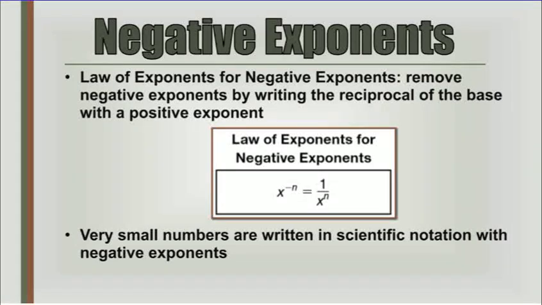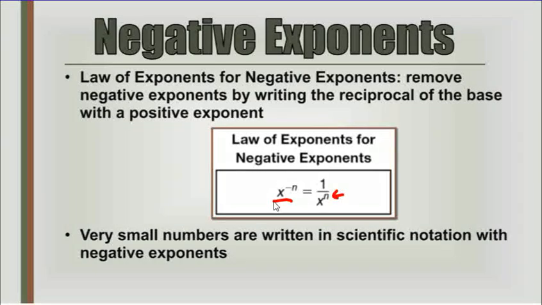Well, the law of exponents for negative exponents says remove negative exponents by writing the reciprocal of the base with a positive exponent. So here, x to the negative nth power, the reciprocal is 1 over x to the nth power, and the exponent is positive.